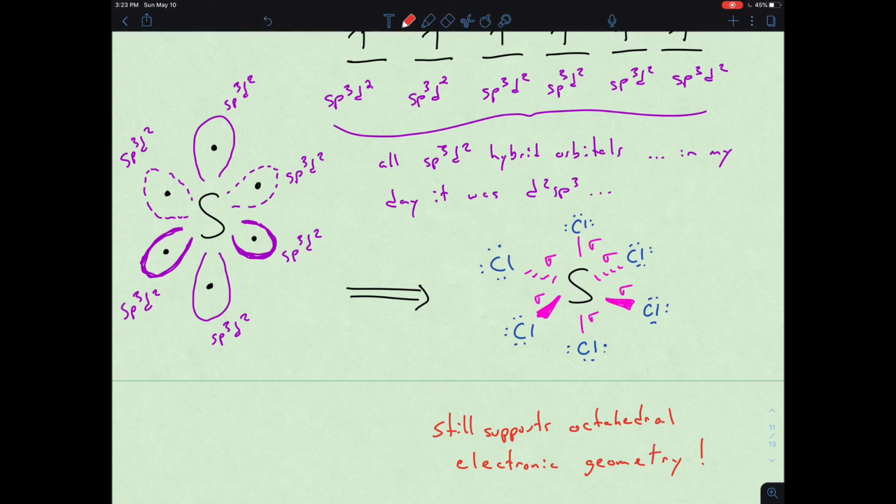So that's the idea of the first connection. All of these examples that we talked about were a first connection, either making sigma bonds or maybe having a lone pair in the mix, but we didn't get into the non-hybridized orbitals, right? Remember, we have sigma bonds, which are resultant from hybridized orbitals.